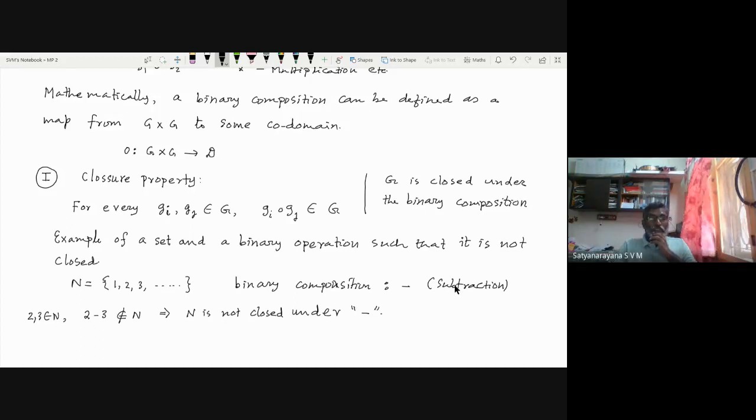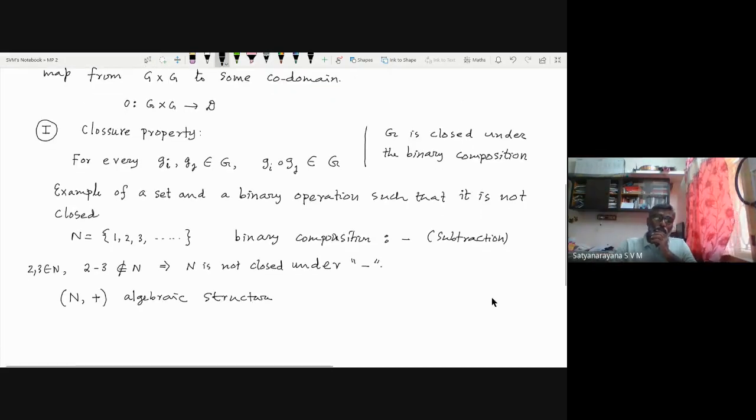Now, suppose you take N and then you take plus. Okay, sometimes we call this an algebraic structure. Okay, so if I take the set N and plus, then you know that it is closed.